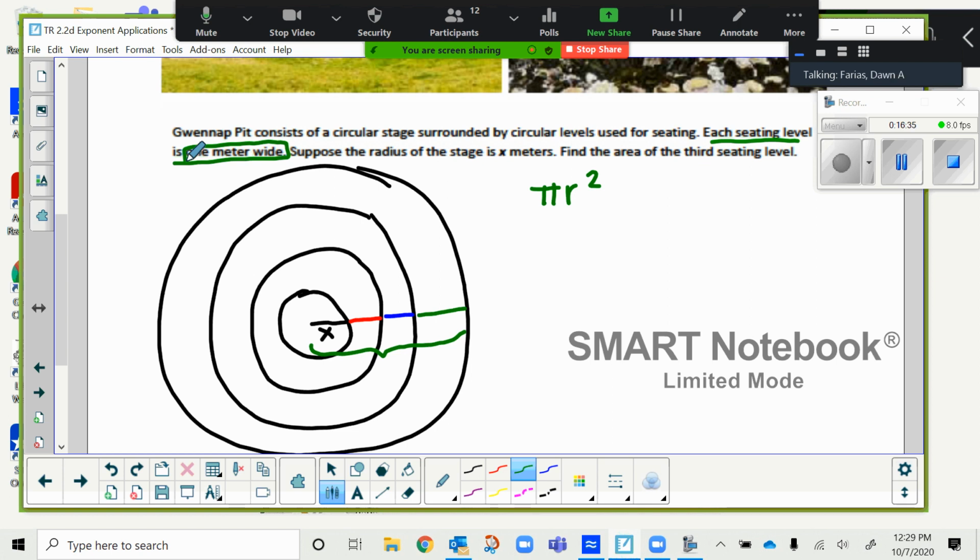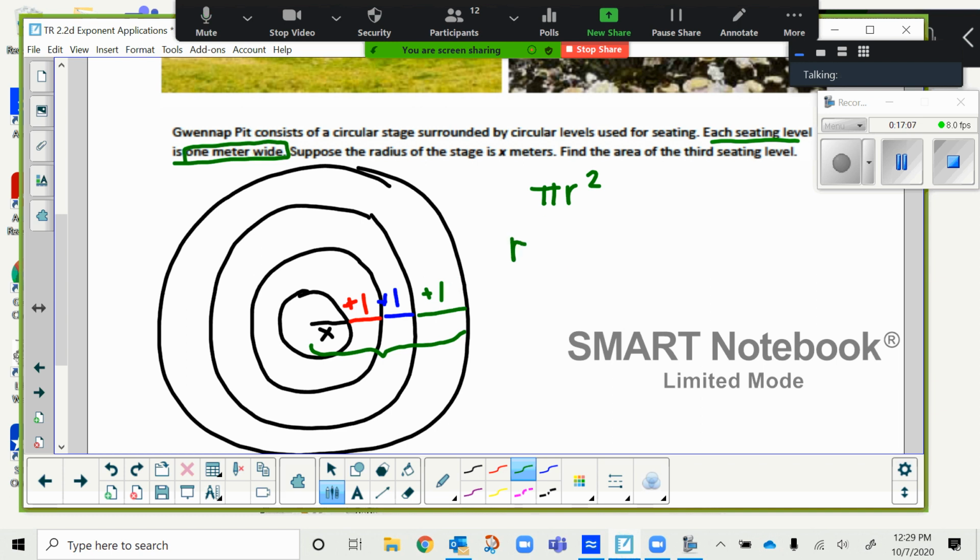And so if the radius of the interior one is x, we add 1 meter to that for the next area, 1 meter for the next one, and then 1 meter for the last one. And so the entire radius is going to be x plus 1 plus 1 plus 1, right?